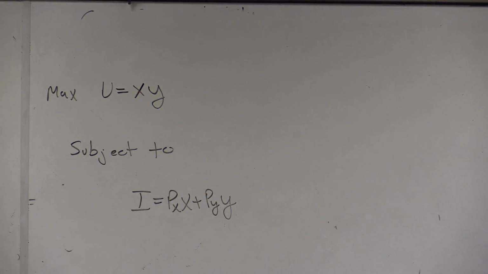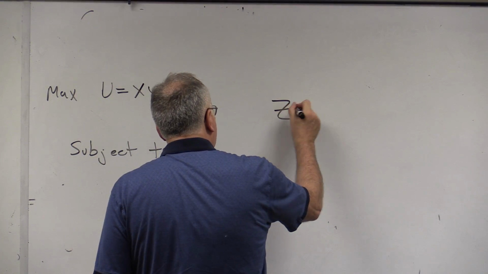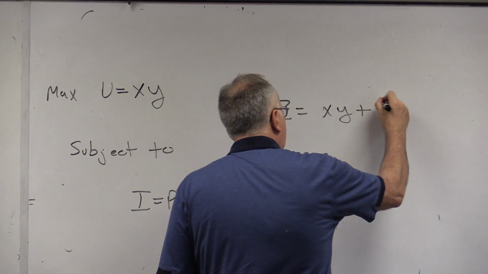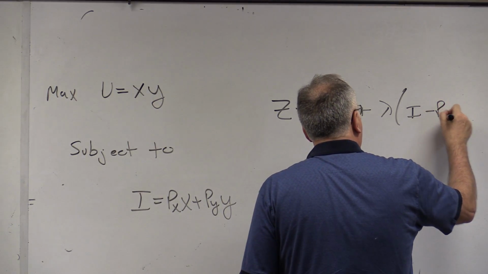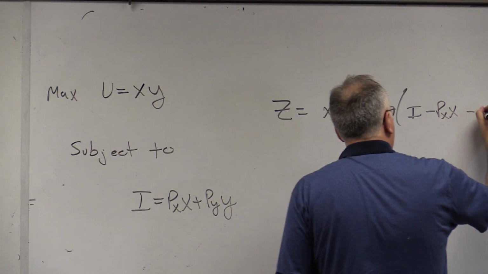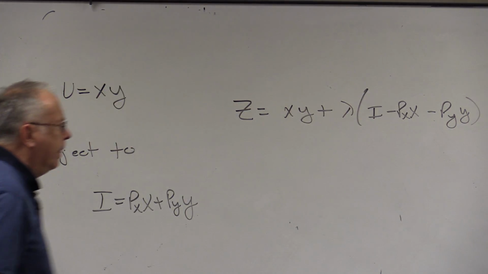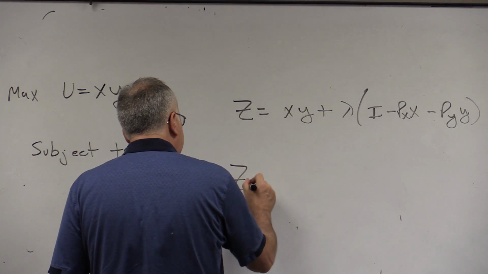So let's just quickly run through this again. In this case, our Lagrange function was this. Recall that z sub x was this.